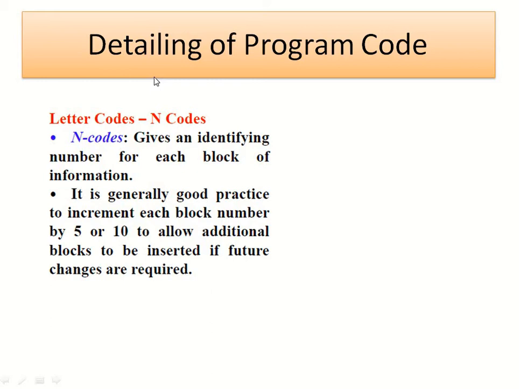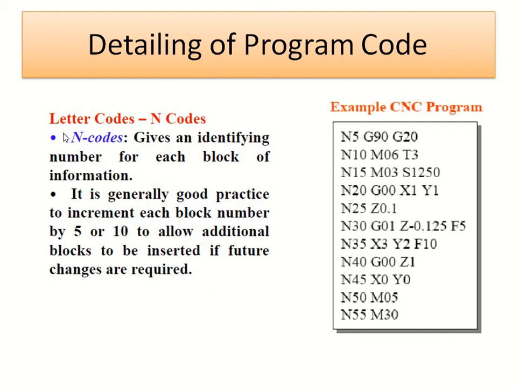Now the details of the program code. The letter code N gives an identifying number for each block of information, and it is generally good practice to increment each block number by 5 or 10, to allow additional blocks to be inserted if a change is required in future.